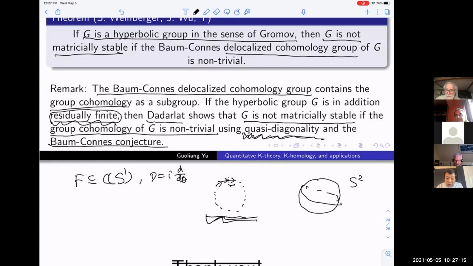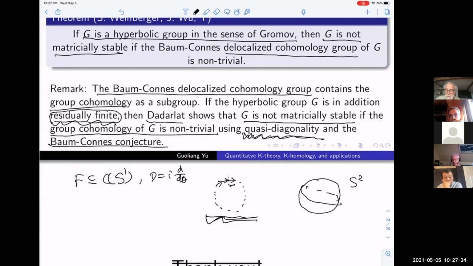And then you can formulate, Joachim formulated the assembly map in these terms. You look at this universal C-star algebra and translate the natural K element into some equivalent KK element.